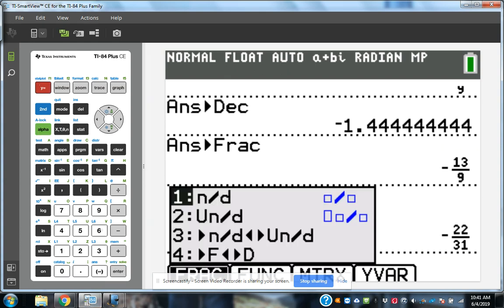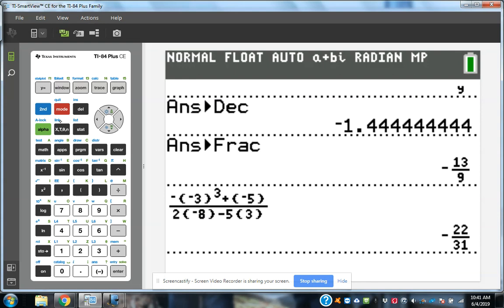Did you use the negative sign or the minus sign when you were putting those negative numbers in? If you're going to use a negative sign, you've got to use this one down here beside the enter button for the negative numbers. That's the most common error that could happen there. Okay, maybe that's what I did. Yeah. They look very close to the same when you're typing them in on the screen, but the calculator reads them differently.